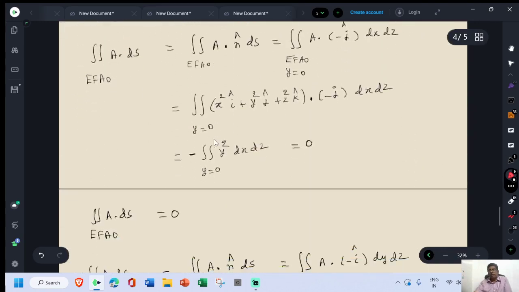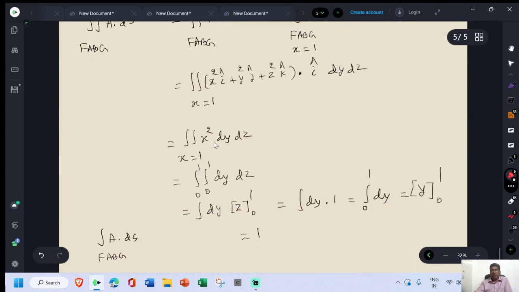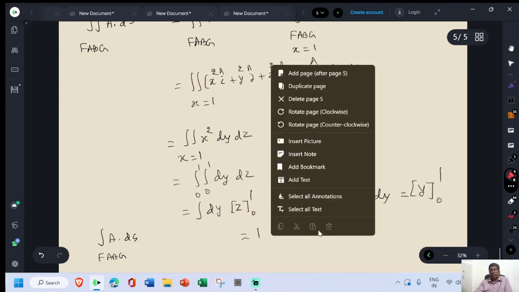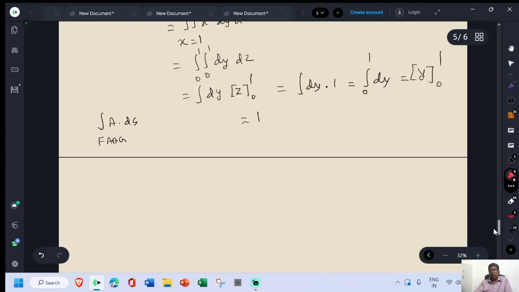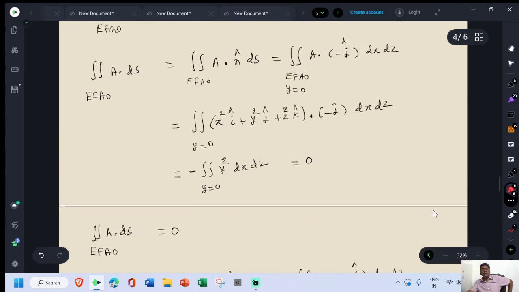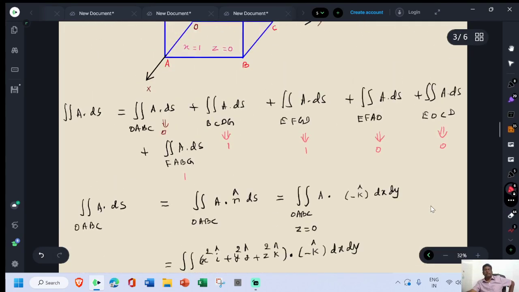Here we have proved that the double integral of A dot dS equals 3, because we are adding the six integrals.